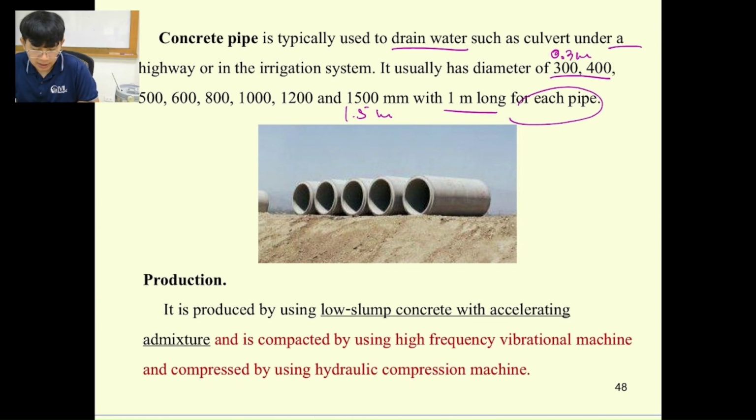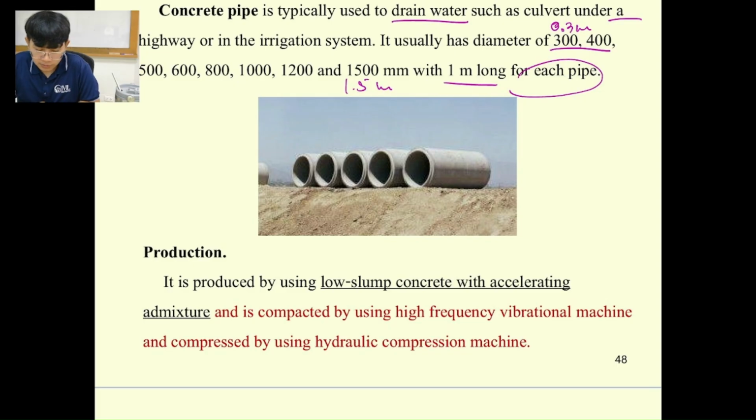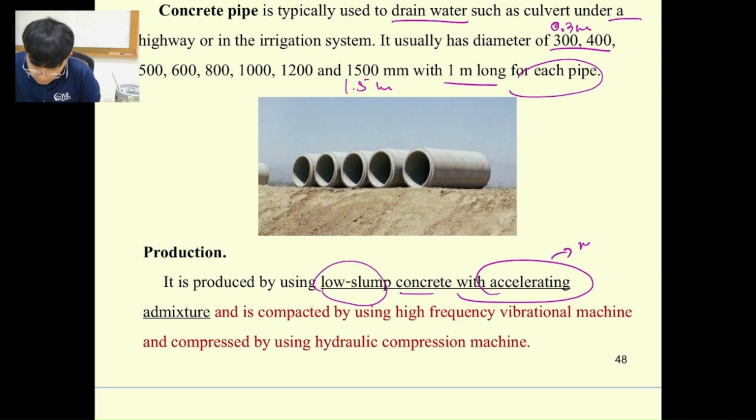So it is produced by using a really low slump concrete with an accelerating admixture, which makes it harden quicker than normal, and then with a really low slump to have a really high strength concrete.